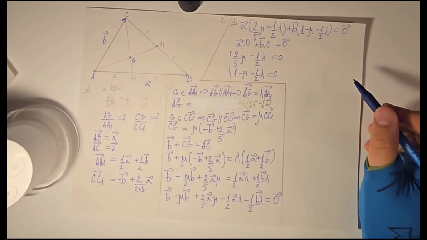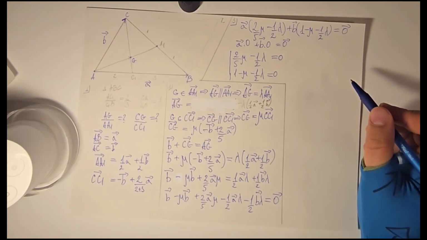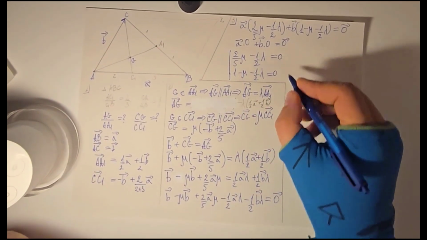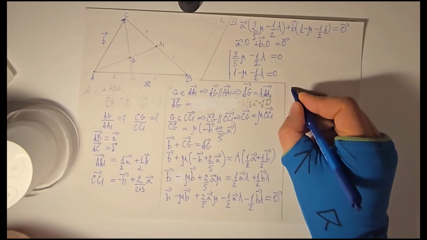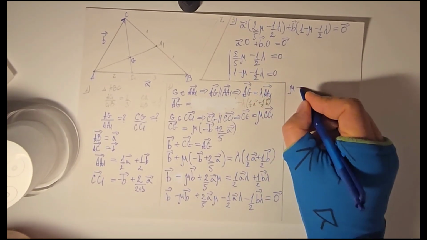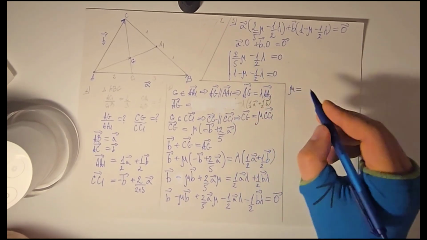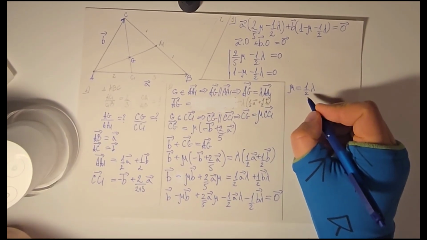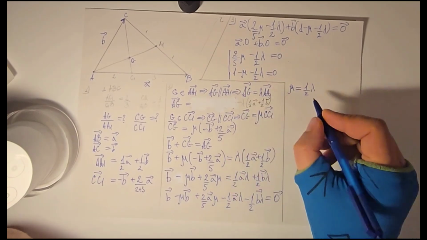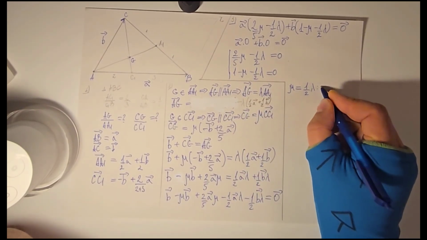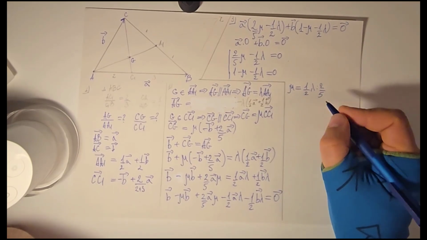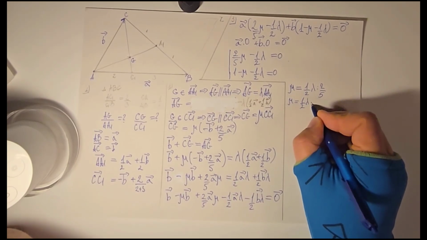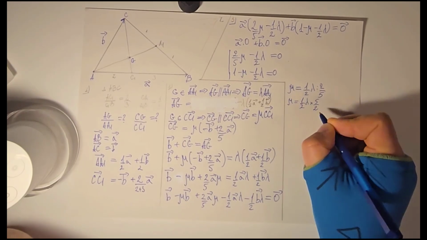And now let's solve the system. How do we solve the system? We'll try with expressing mu here. Okay, so let's see, mu from here is equal to, this one goes to the right, so it is 1/2 lambda, and then we should divide it by 2/5, which is actually equal to 1/2 lambda multiplied by 5/2.